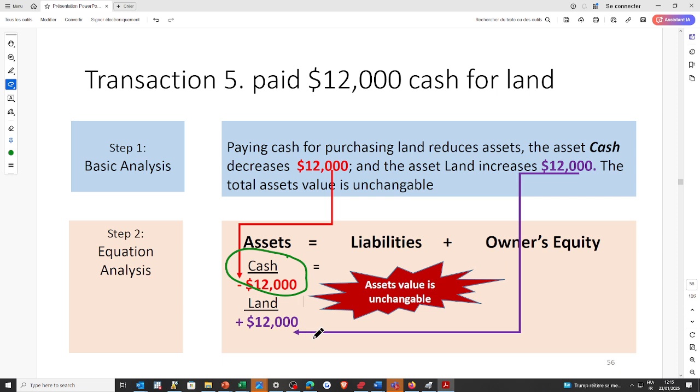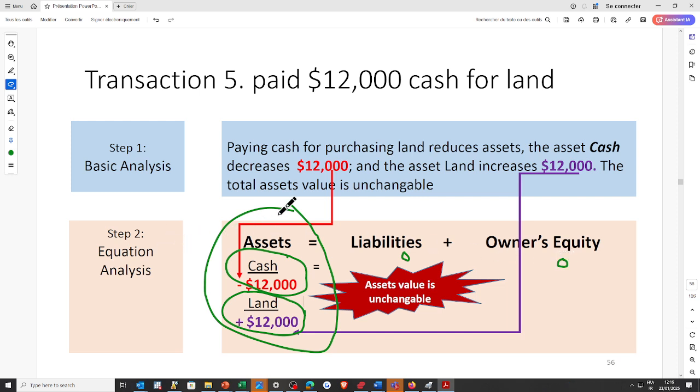However, on the other hand, the company's asset account of land increases by the same amount. So it means that if you take the amount of cash and the amount of land, the asset value is unchanged. So for this side, we have an unchanged zero. So it means that there's no effect on liability, no effect on owner's equity, right?